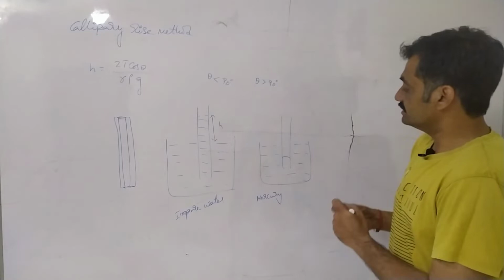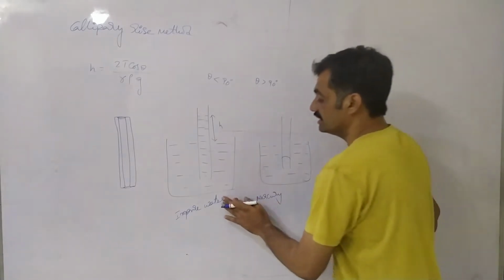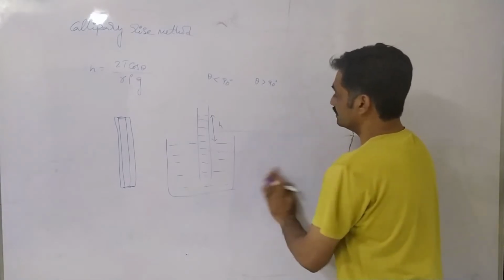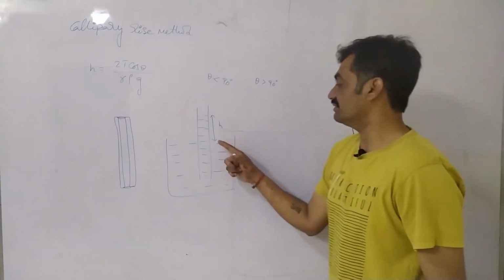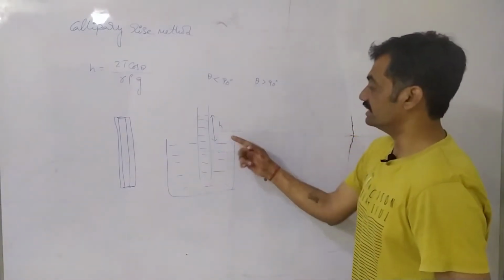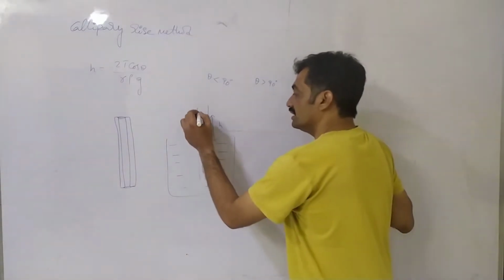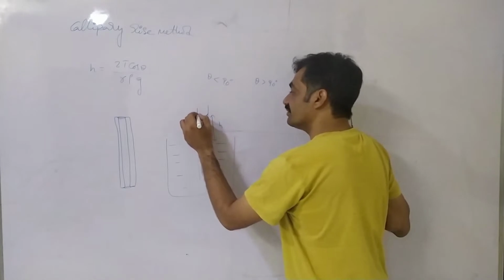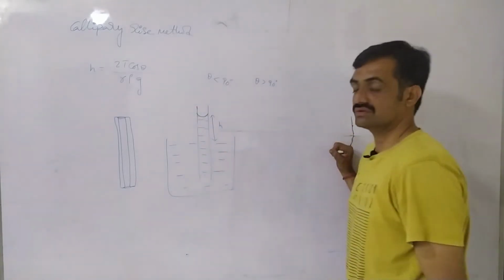For this, we consider the impure water case. Observe that the level of the liquid has risen to a height h, and a meniscus is formed on the surface of the water.